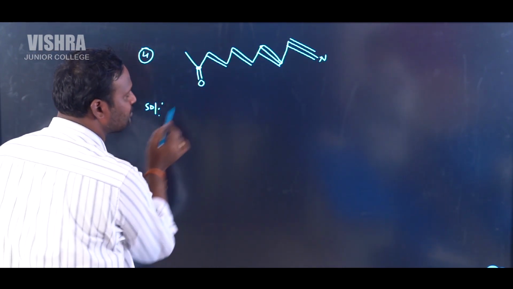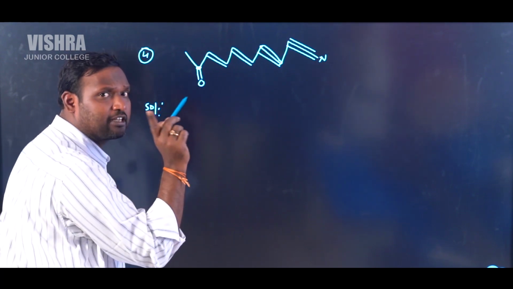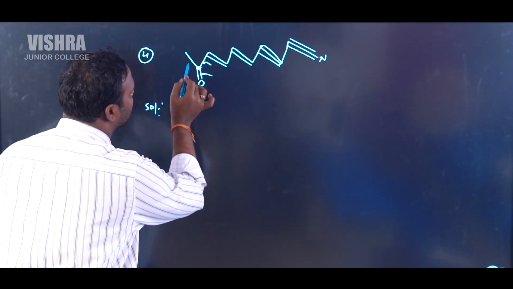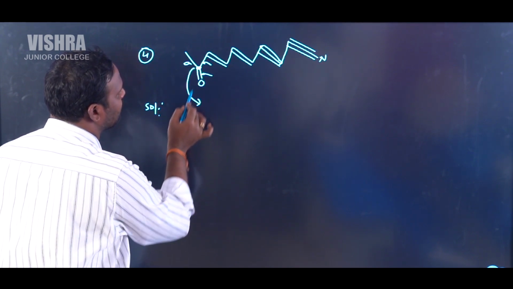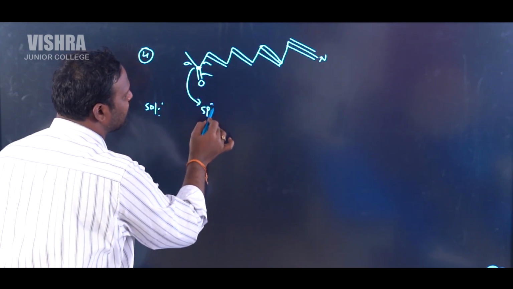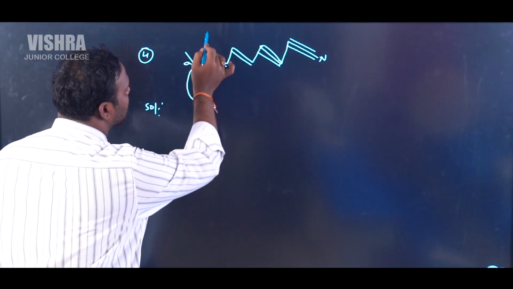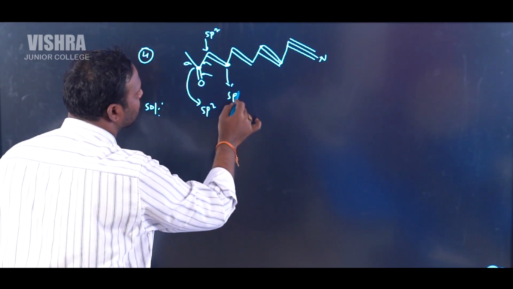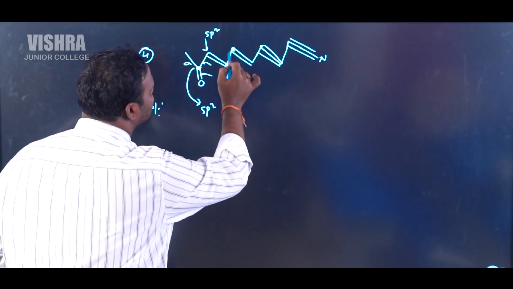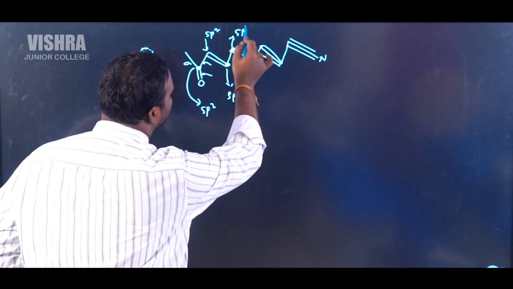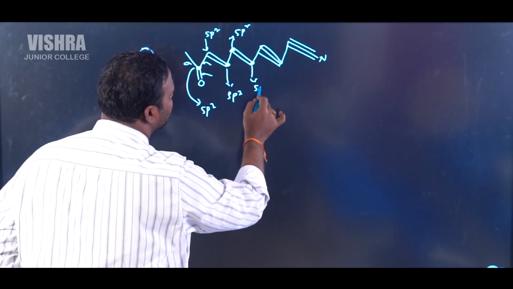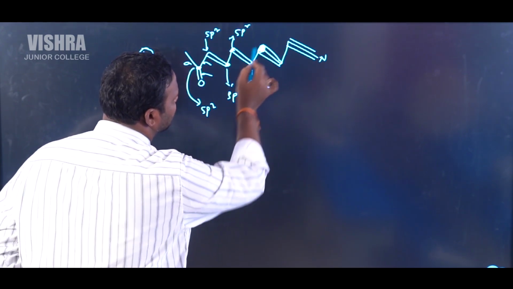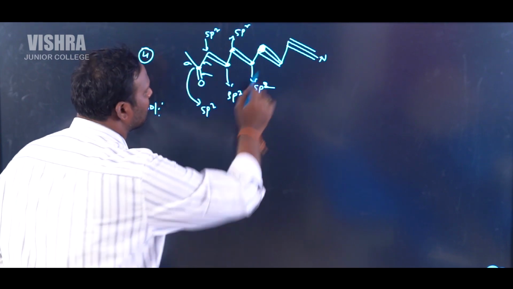So in this case, this carbon is bonded with how many sigma bonds? A double bond means 1 sigma, 1 pi. So it is sigma, it is 1 sigma, it is another sigma. So this carbon is bonded with 3 sigma bonds, so this is sp2. It is also sp2. This is also sp2. But this one is bonded with a triple bond, 2 sigma, triple bonded carbon.